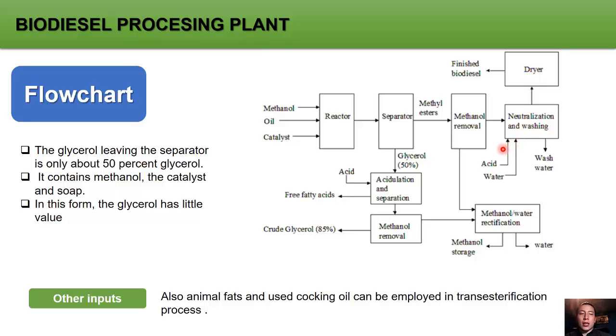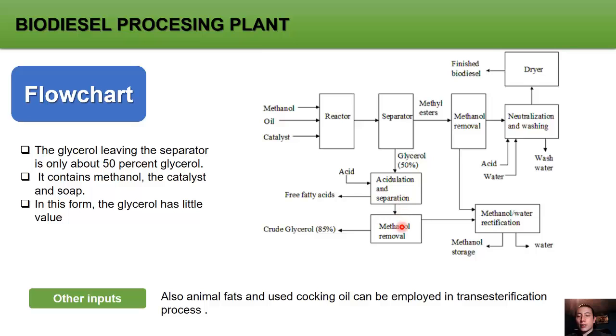It's important to know that the glycerol leaving the separator is only about 50% glycerol. It contains methanol, the catalyst and soap. In this form, the glycerol has little value. So we need an additional process, the isolation and separation with acid, and we obtain fatty acids.